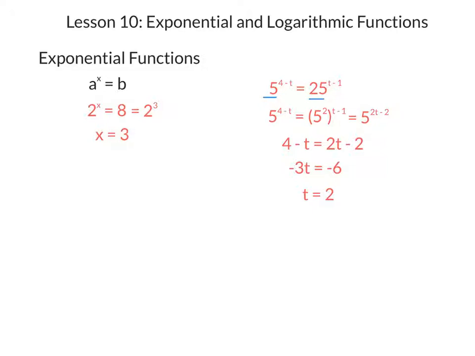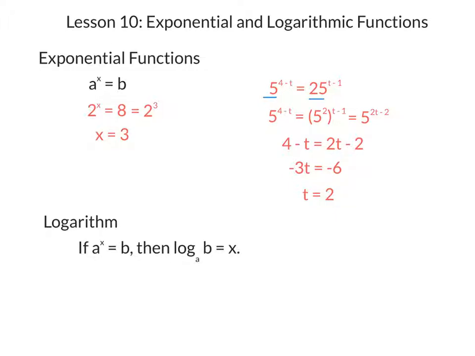So what do you do if you can't get the base numbers equal? How are you going to solve an exponential function where you can't get the bases equal, so you set the exponents equal? Well, several mathematicians looked at this in the early days and decided to come up with something known as logarithms. So what exactly is a logarithm?